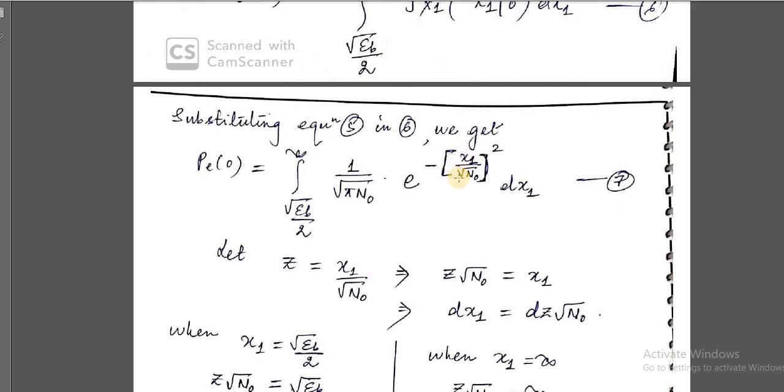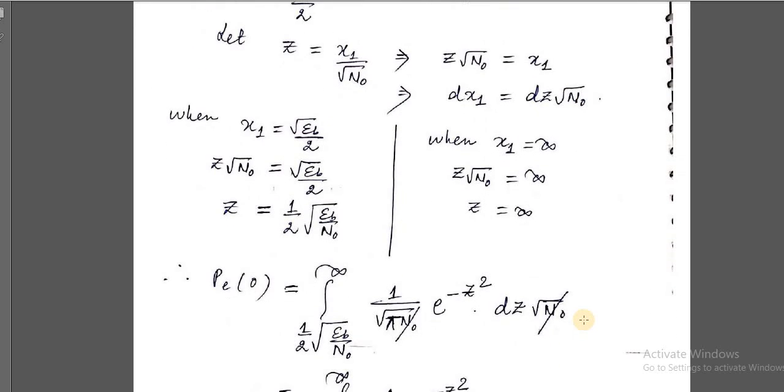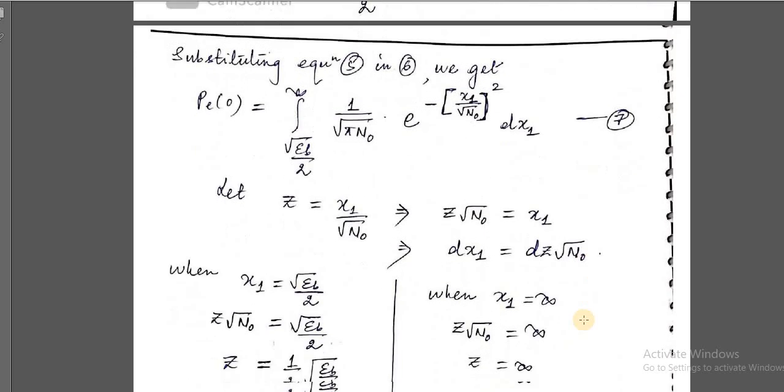Let us say this component x1 divided by root of N naught is equal to z, which implies x1 is equal to z into root of N naught. And if I take the differential quantity, dx1 will be equal to dz into root of N naught. We can replace the limits of integration as well.